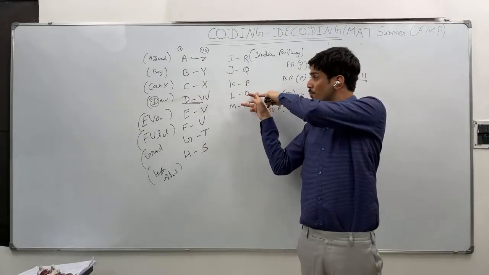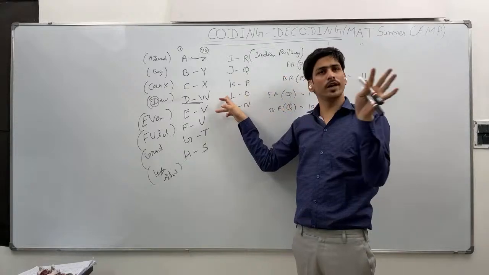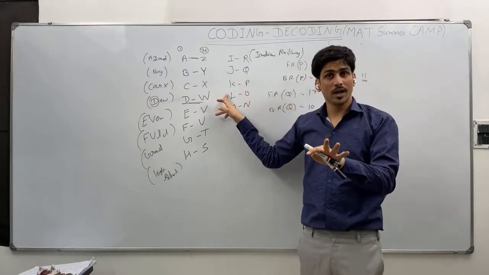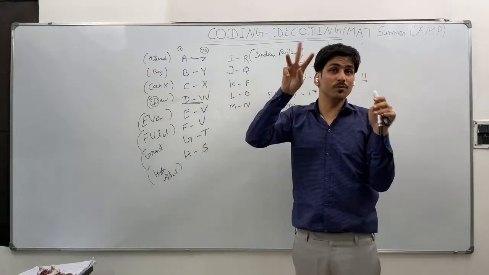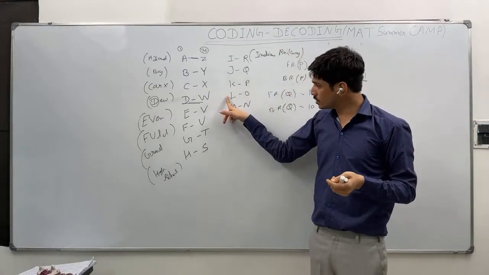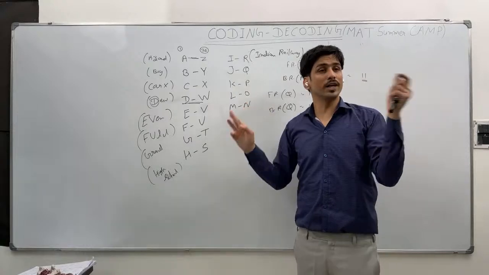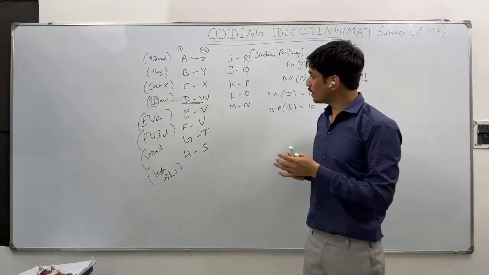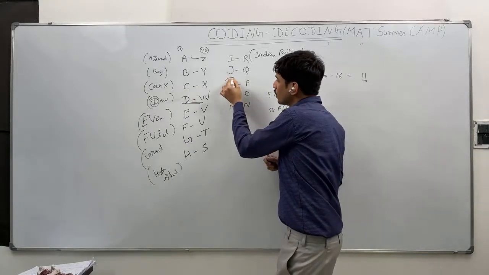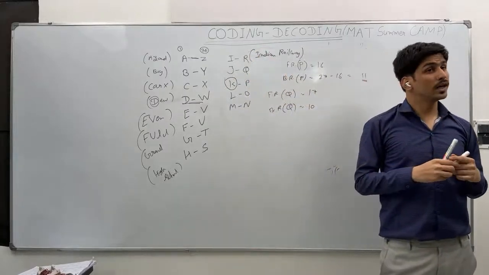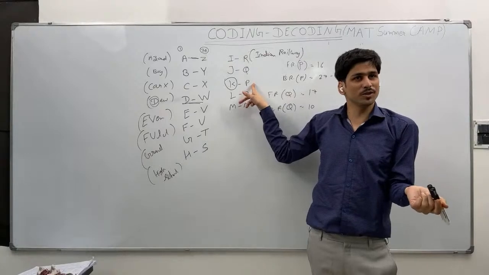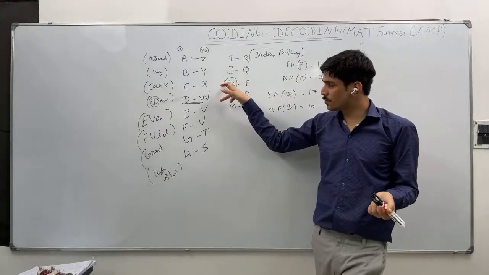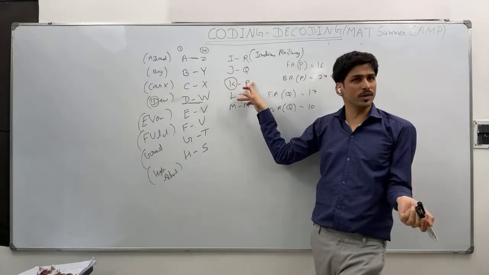Backward rank of L is nothing but forward rank of O only, because the sum will be 27. So this one is 12, this one is 15. So what is the opposite letter of L? O. If I ask you what is the forward rank of K? 11. So what will the backward rank be? 16. Because if this one is the forward rank, the backward rank will be this one.